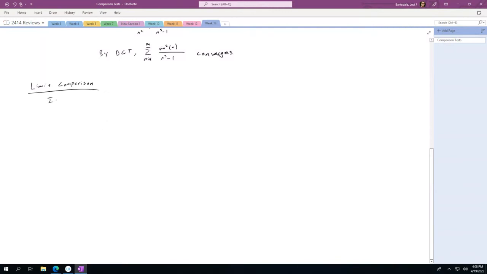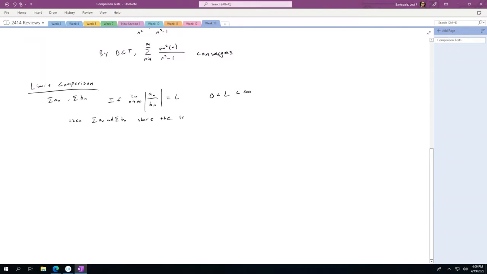Suppose we have the sum of a sub n and the sum of b sub n. Well, if we have that the limit as n goes to infinity of a sub n divided by b sub n equals some number L, where L is not 0 and not infinity, well then the sum of a sub n and the sum of b sub n share the same convergence.